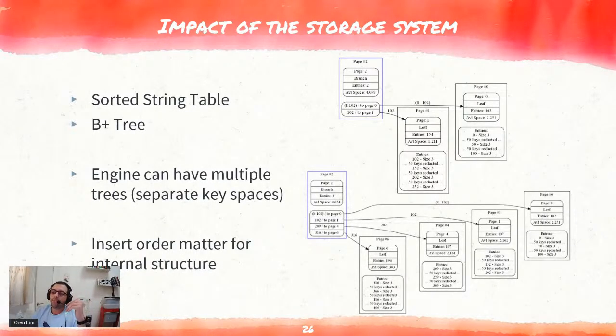The insert order matters a lot. Why is that? Because if the data is sorted, then think about how you would create a sorted array. If you add the data in a sorted fashion, it's just always append to the end. In the same manner, if you work with sorted string tables or B-trees, adding the data in a sorted manner is almost always the best scenario.